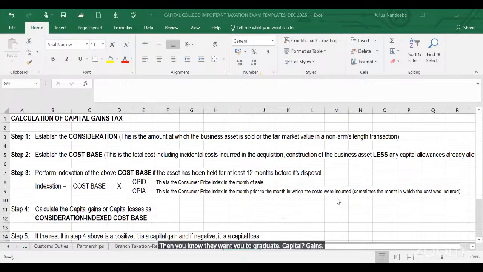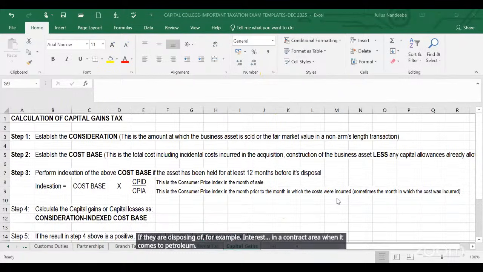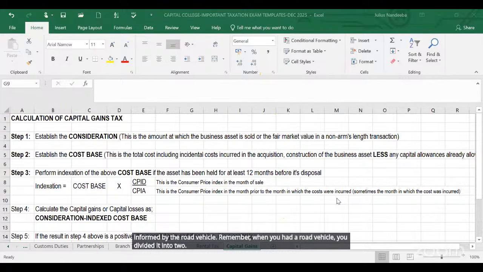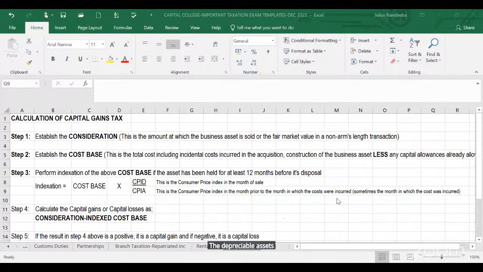There are other two examples that you will see. If they are disposing of, for example, interest in a contract area when it comes to petroleum. The moment they tell you there has been a farm out, then you know there is capital gains that you must calculate. If they tell you that you have disposed of a former road vehicle, remember when you had a road vehicle, you divided it into two: the depreciable asset and the business asset.